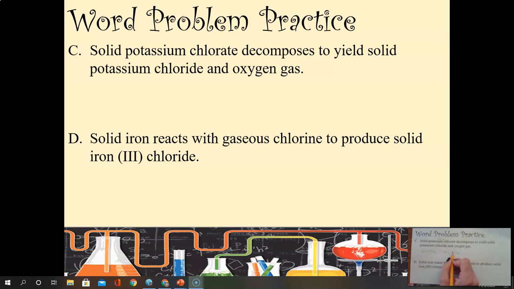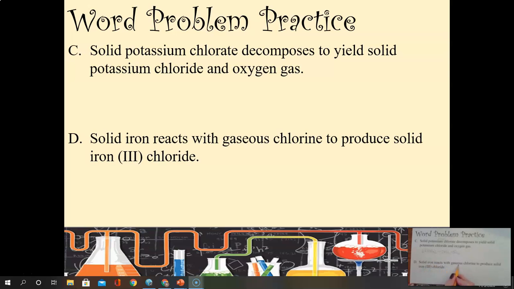I'm going to go ahead and balance that one out. 3 times 2 is 6 oxygens. Now, I have 2 of each potassium and chlorine in the reactant, so I'm going to put a coefficient of 2 there and balance in the product. So 2 potassium, 2 potassium. 2 chlorines, 2 chlorines. 6 oxygens, 2 times 3. 3 times 2 is 6 oxygens. So we're good to go.